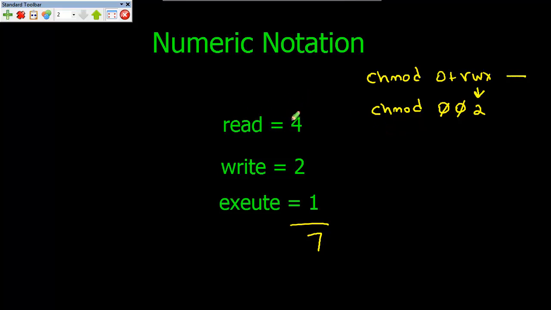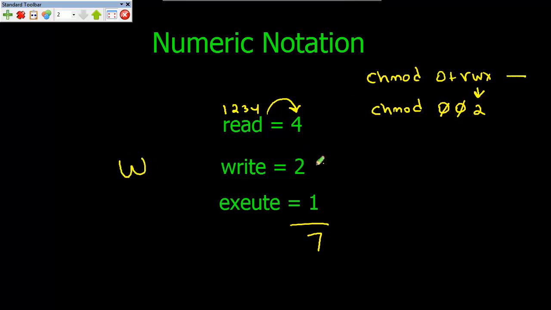Easy way for me to remember it is that the word read has 4 letters in it. So 1, 2, 3, 4, which means that 4 equals R as far as permissions go. Write begins with a W, right?